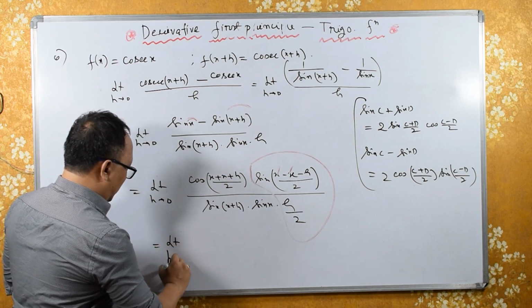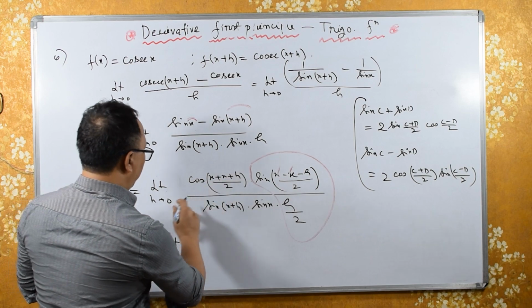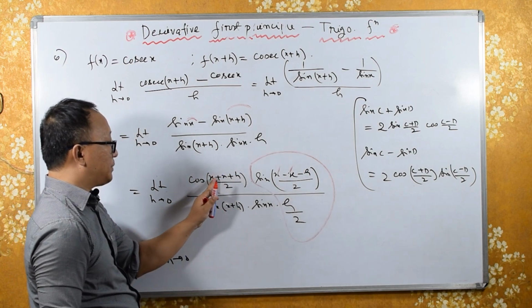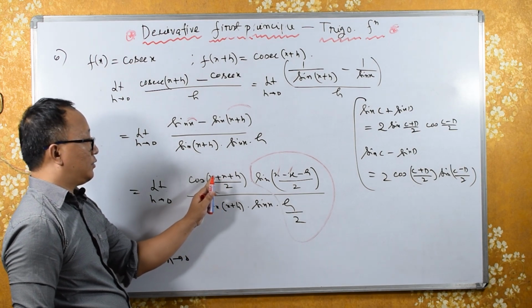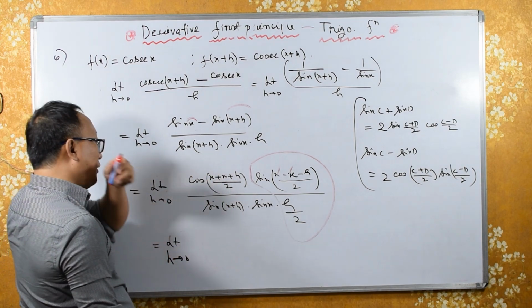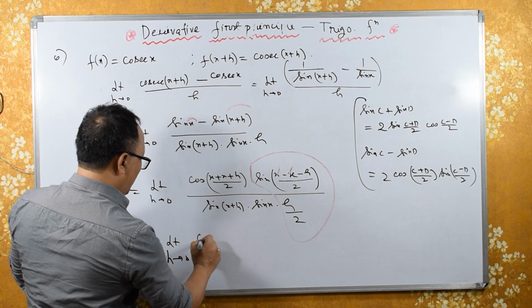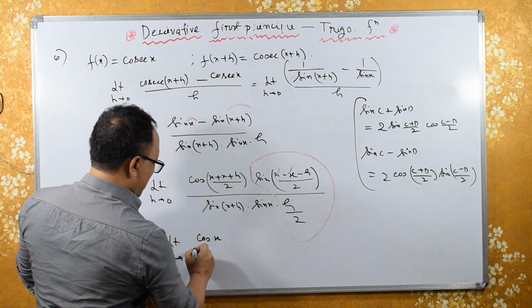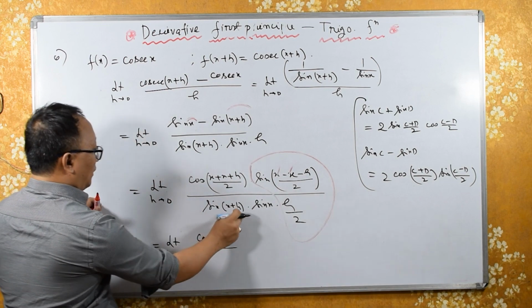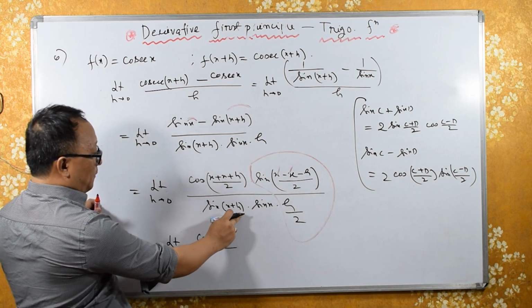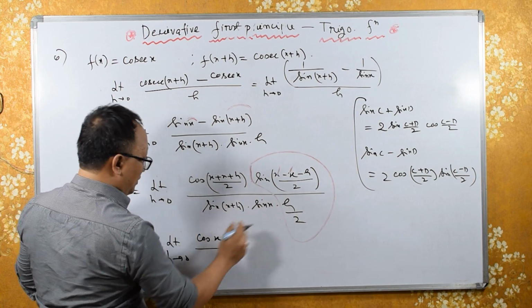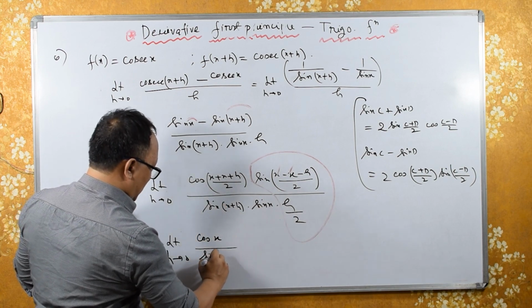Limit of h tends to 0. When h tends to 0, this becomes 0. So cos of x plus x is twice x, and twice x upon 2 is cos of x. Upon, when h tends to 0, this becomes 0, we have sine of x into sine of x.